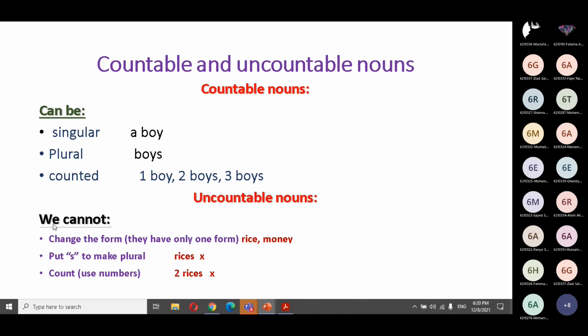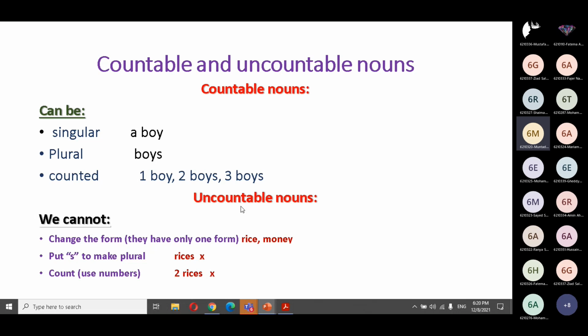Also, countable nouns, you can count. You can use 1, 2, 3 before the noun. You can say 1 boy, 2 boys, 3 boys. So if you want to check if this noun is countable or not, make it plural. If it can be plural, so it's countable. Because countable nouns have singular and plural form.